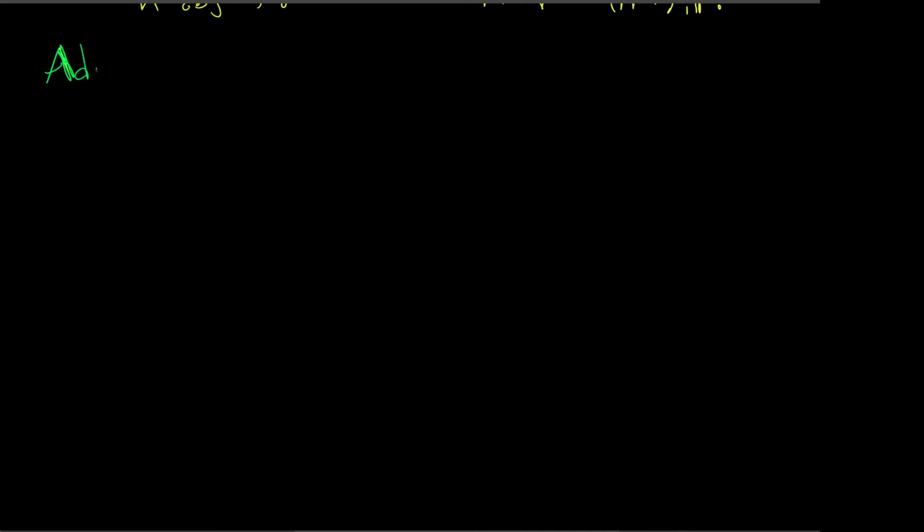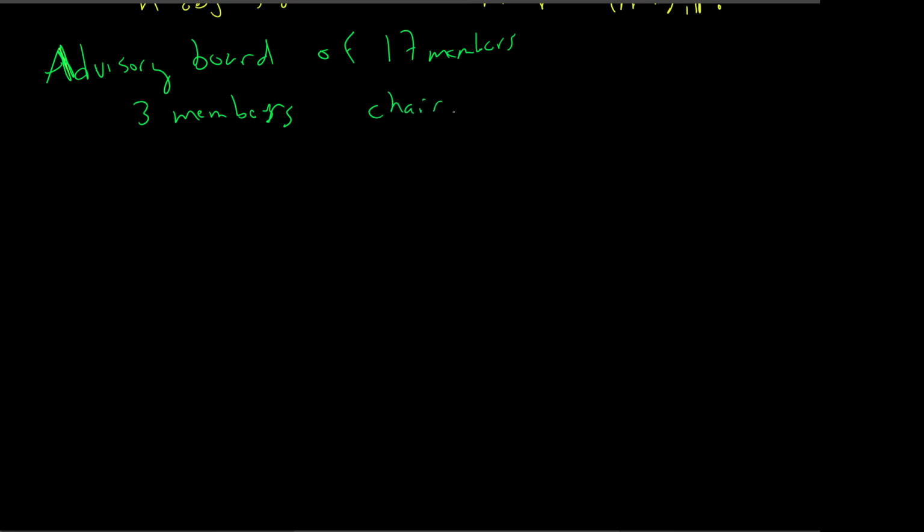There's an advisory board of 17 members. 3 members will serve as the chair, secretary, and the webmaster. Those are positions that have to be held. If we randomly select the 3 board members, if each member is likely to serve, and we randomly select one, what's the probability of being a board member?